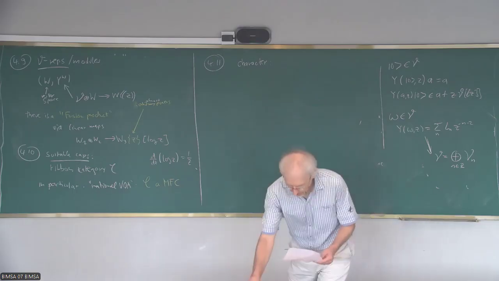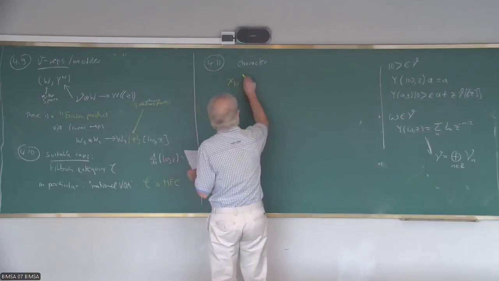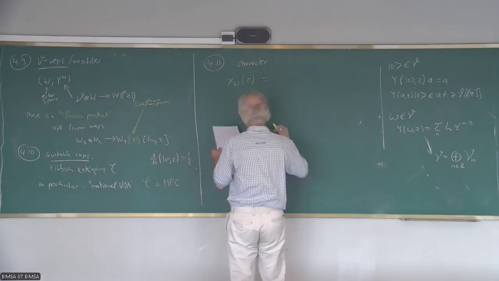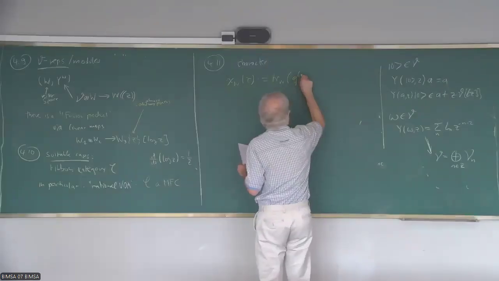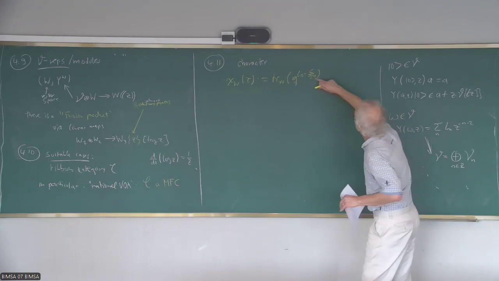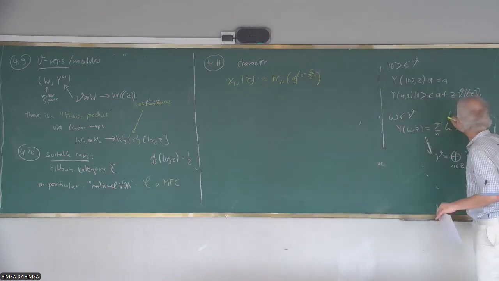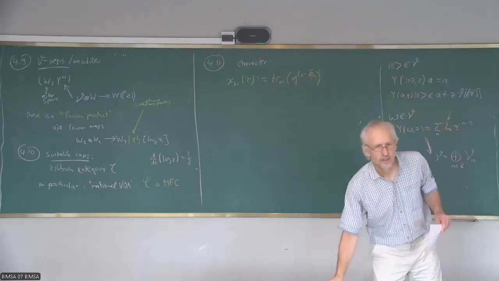Yeah, there's a notion of character. If I have a representation or module W, then I introduce a formal parameter tau, formal in the first place, as a trace of q to the L0 minus c divided by 24, where L0 is the zero mode that I have in the expansion here, and c is the central charge.